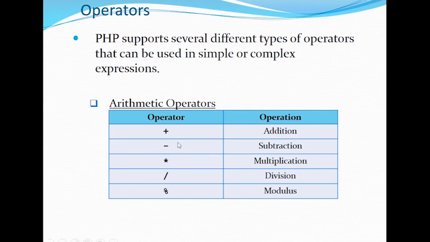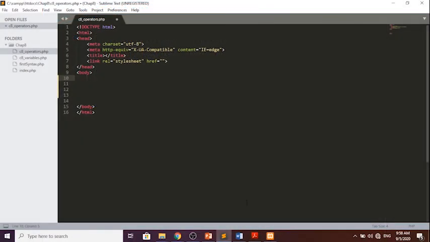This is something you find with the symbols plus, minus, multiply, division, and modulus. If you can recall your Java class, this is almost similar to what you find in Java, and also in other programming languages. Now let's go back to Sublime Text. I want to show you how to use operators.